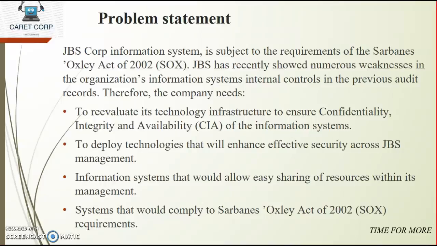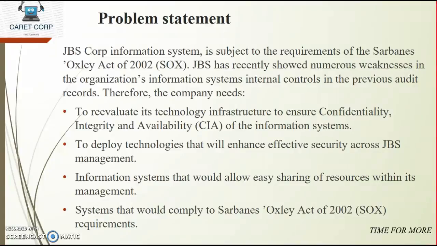GBS itself has numerous weaknesses in their organization information system. Second, they are supposed to be in line with the Sarbanes-Oxley Act of 2002. So what they need to do is evaluate their technology and infrastructure to ensure CIA is achieved in the information systems, and deploy technologies that will enhance effective security across the company.